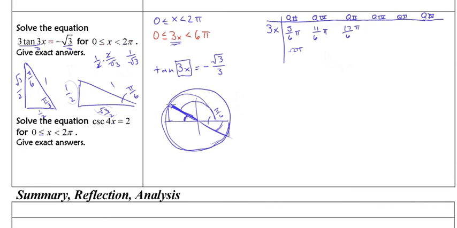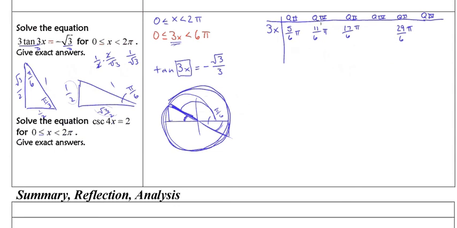And let's add 2 pi one more time. What is that going to be? 29/6 pi. That's our next time in quadrant 2. So what we did is add 2 pi and add 2 pi once again to get all of our quadrant 2 results.